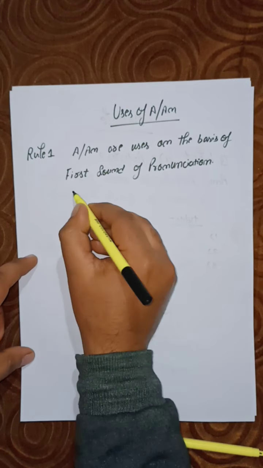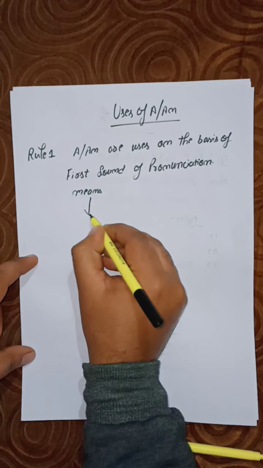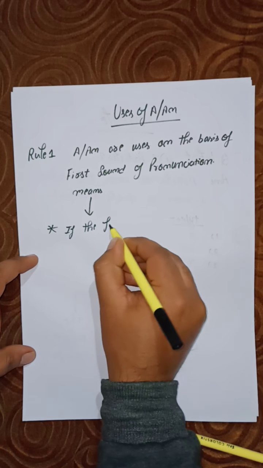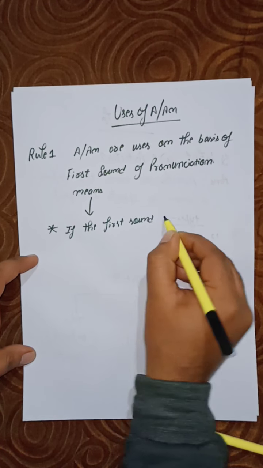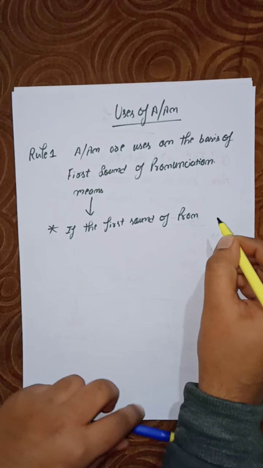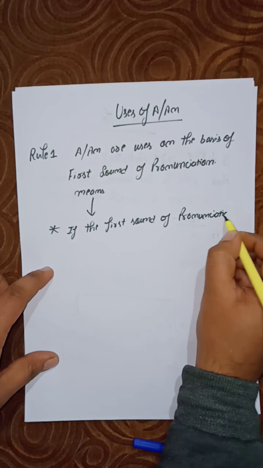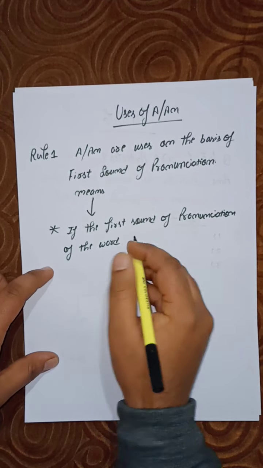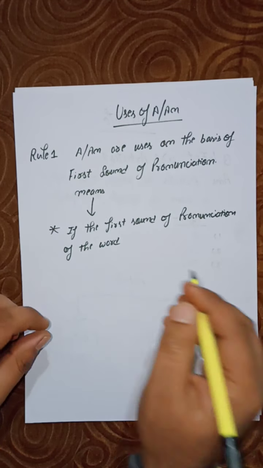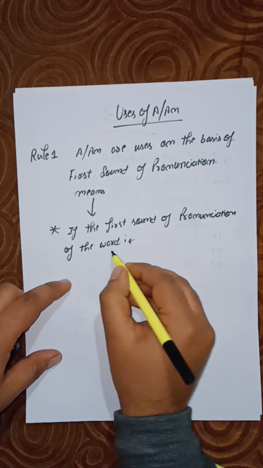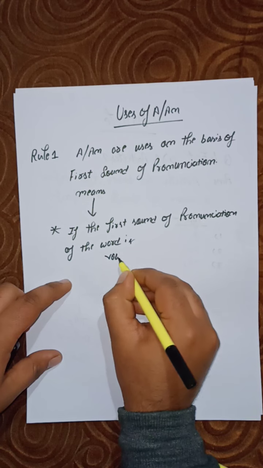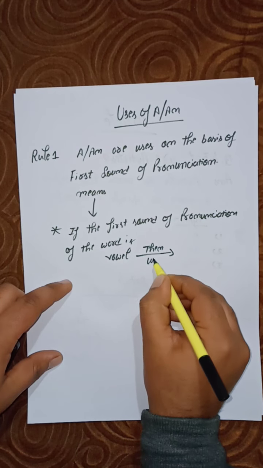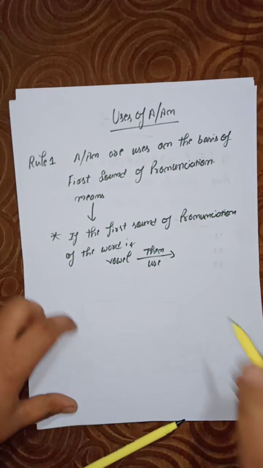That means if the first sound of pronunciation of the word, or we can say the noun, is a vowel, then we will use an.